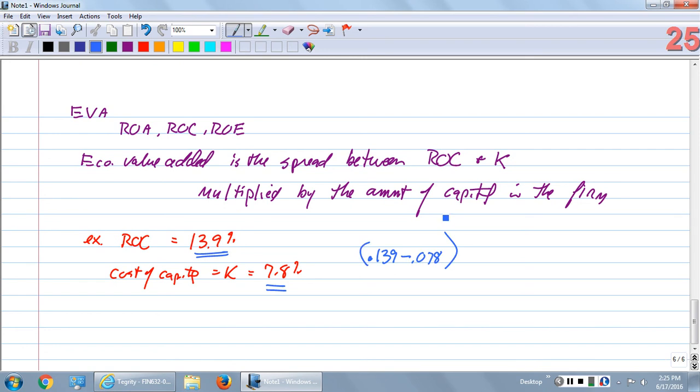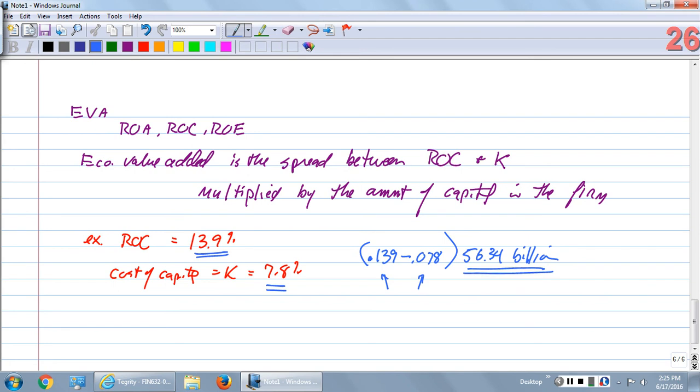And since Intel had a capital base of $56.34 billion, this is how much value was added to the firm. Because it only cost them 7.8, they made 13.9 per dollar of investment, and that's how much they invested.